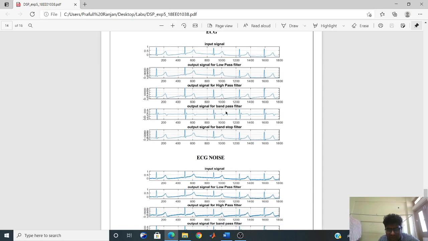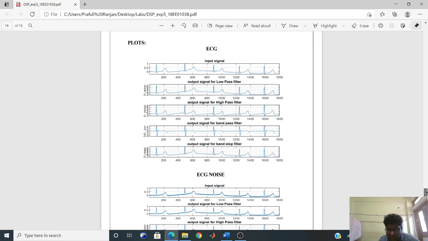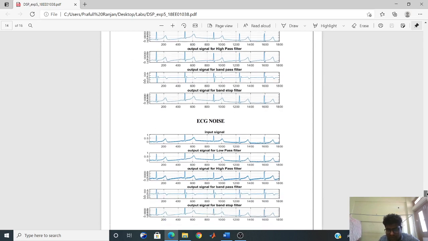And this is the output signal for band pass filter, and similarly the output signal for band stop filter. So it will stop the values corresponding to the frequencies. As it is not frequency but samples, we cannot observe properly.